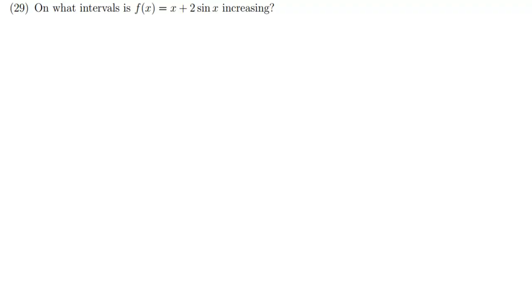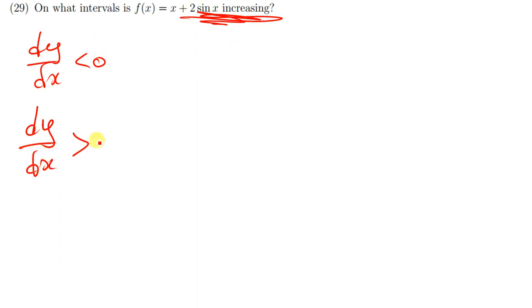I guess question 29 is also straightforward, because for this one you do not determine the decreasing part, you only focus on the increasing part. What I mean is that after doing everything that I've done in the previous question, instead of considering dy/dx to be less than 0, since they are asking us to determine the increasing part, it means that we're going to consider the other part, which is dy/dx greater than 0.